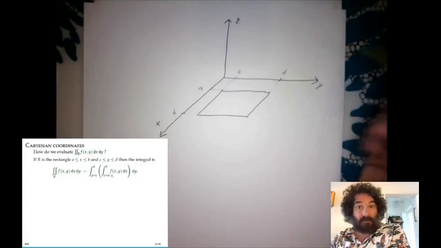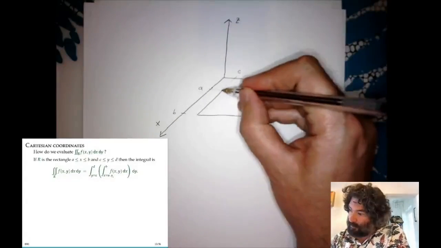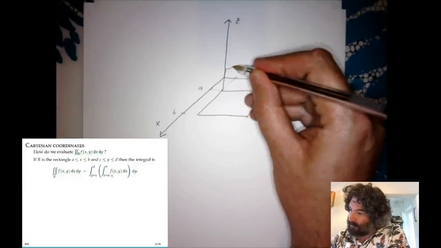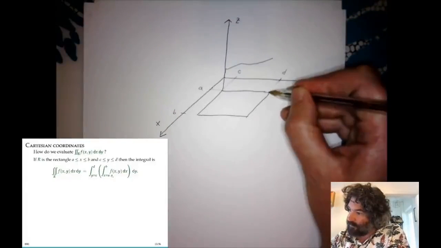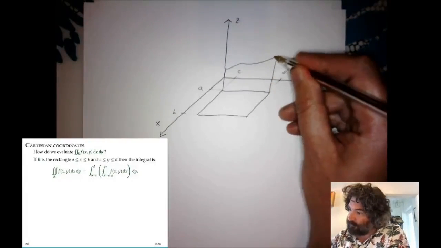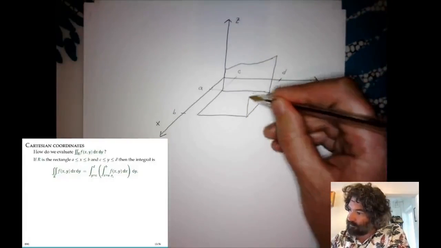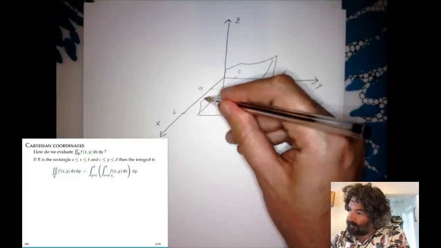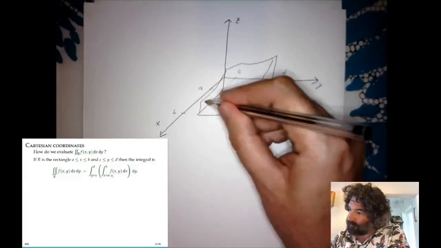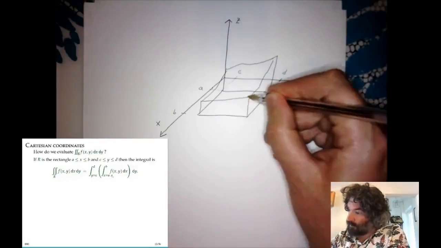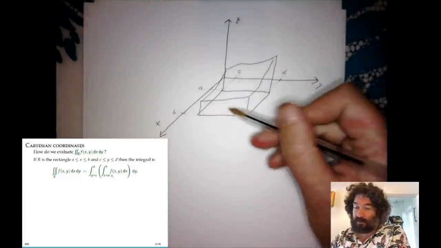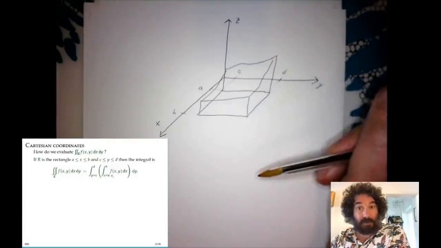and then the double integral represents this volume. So let's say we have this graph of f, which is a surface above the xy plane. There will be some function defining the top of this sort of cuboid, but with a curved top.